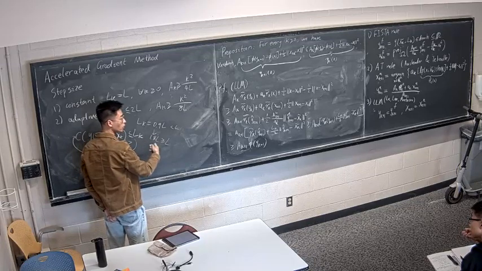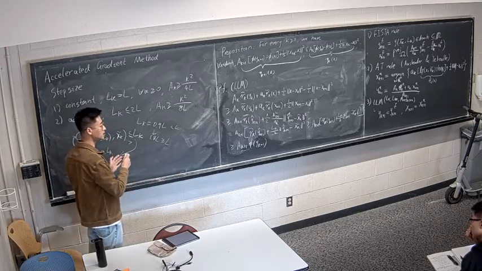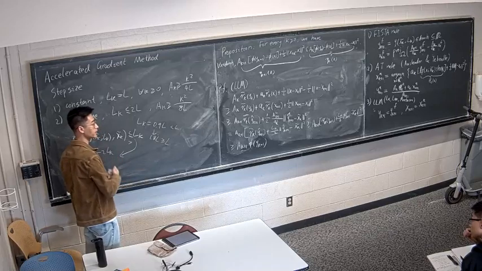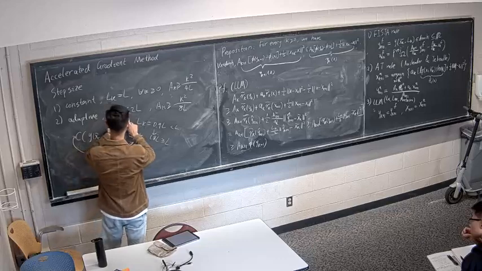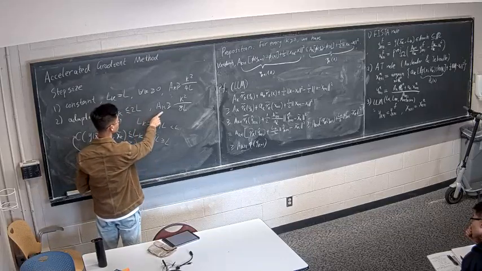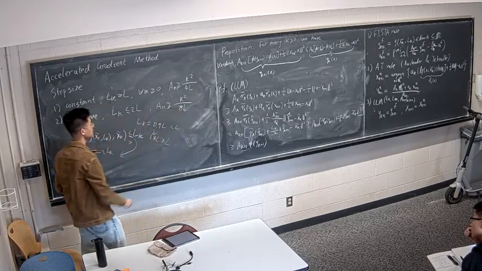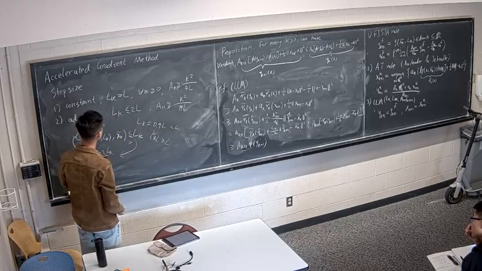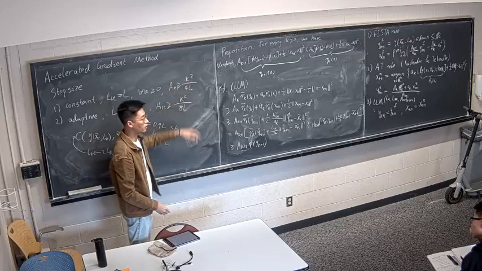But it can never go beyond 2L, right? If it were larger than 2L, then it means last time you were already larger than L, so you should have terminated last time. So this is no more than 2L. Replacing this bound into the lower bound on AK, you find this bound on AK: it's k squared over 8L. So anyway, AK is at least on the order of k squared over L.